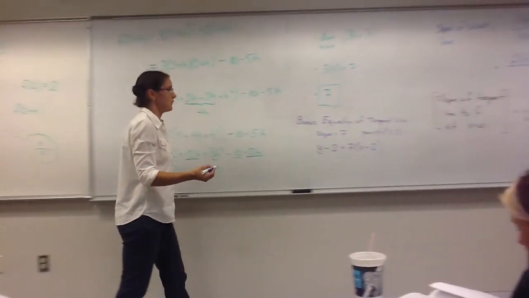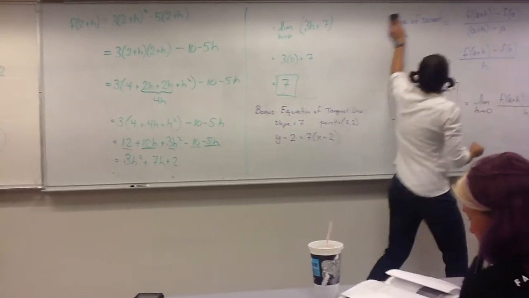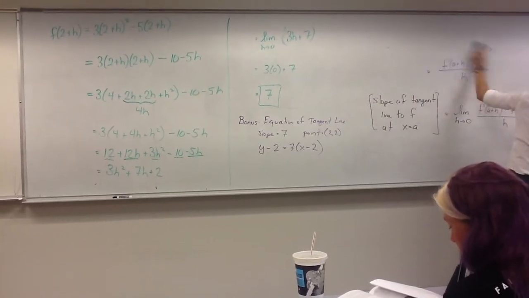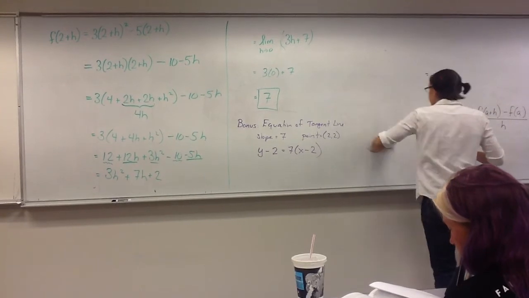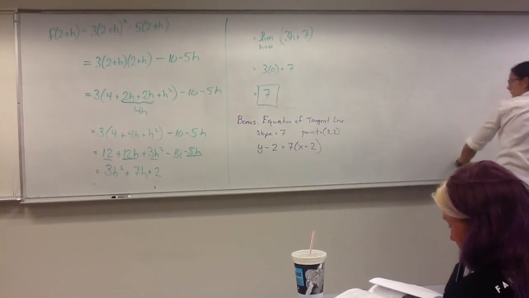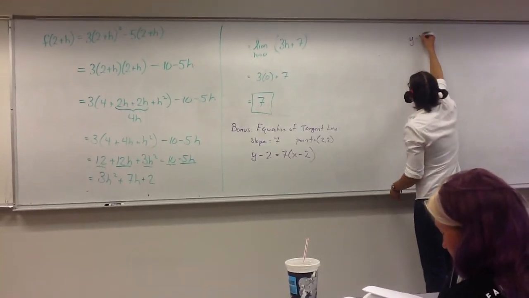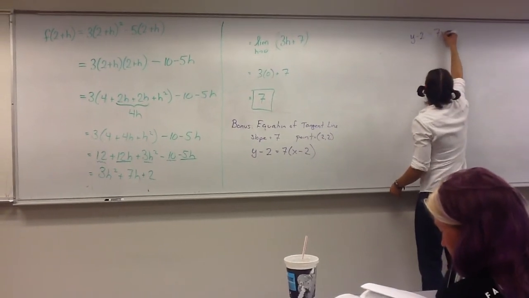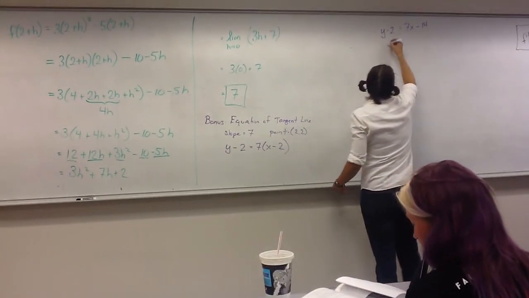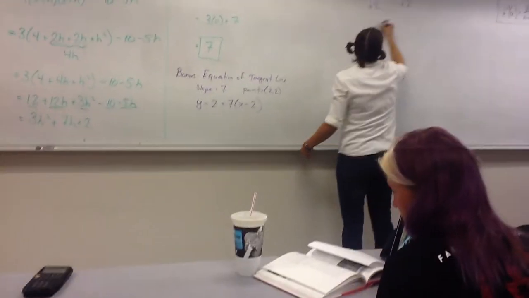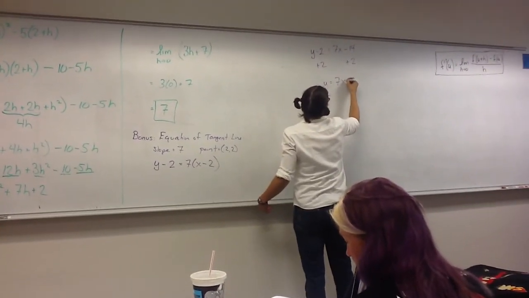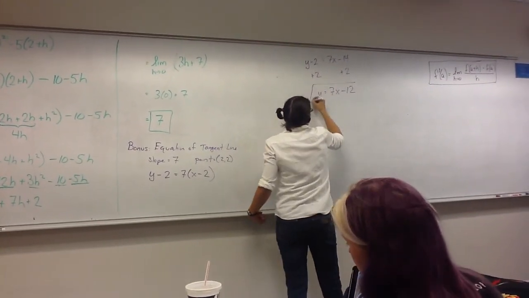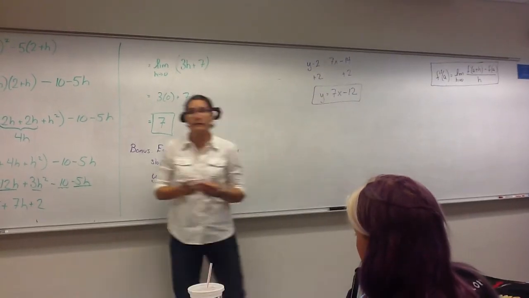If I wanted to, I could simplify it. y minus 2 is equal to 7x minus 14. Add 2 to both sides. And I have y is equal to 7x minus 12. So there's your bonus question.